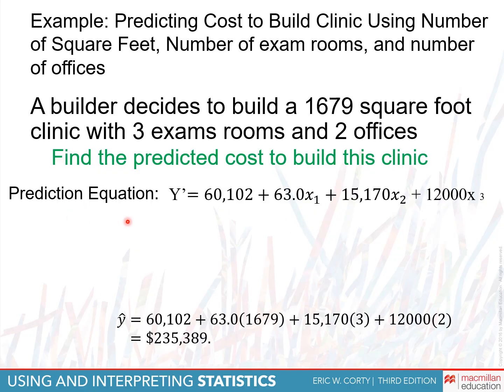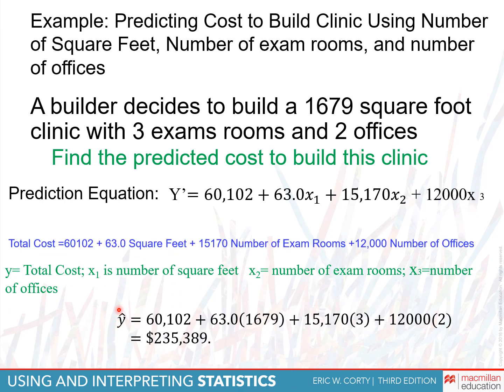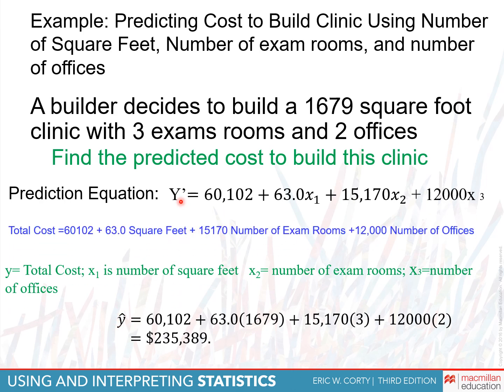This is again our prediction equation. Here y prime is our total cost, x1 is the number of square feet in our clinic, x2 is our number of exam rooms, and x3 is the number of offices. Now we can substitute all of that into this equation. We know the value for the square feet is 1,679, so we'll substitute that here.